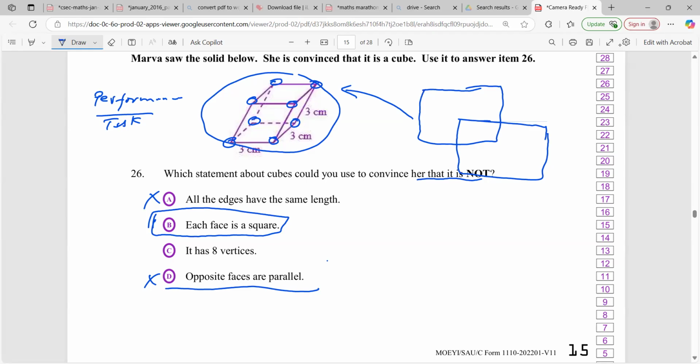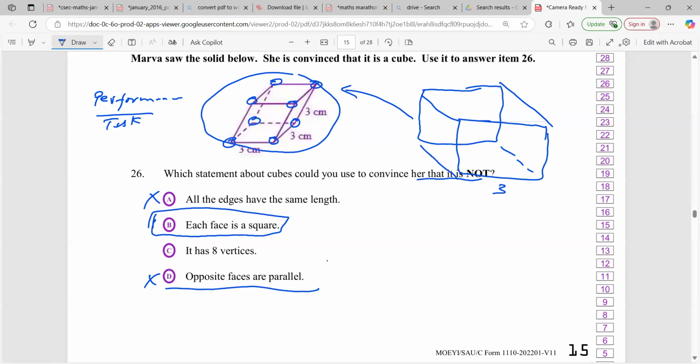But they are saying why this is not a cube. Sir, you keep saying square when it's a cube. Yeah, but what makes up a cube? Squares, right? So all the faces have the same length, right?